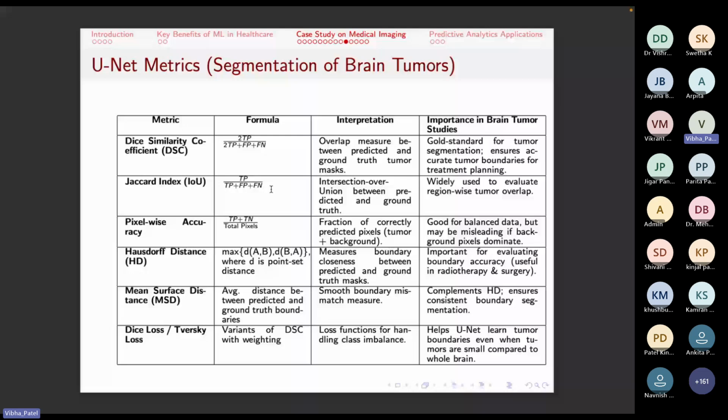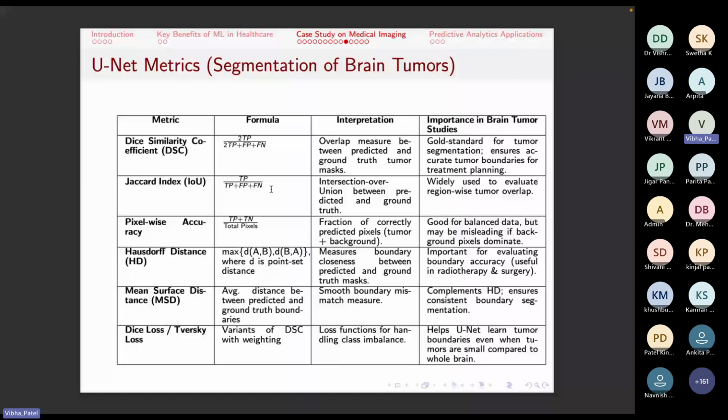These are the preferred metrics for evaluating the performance of the model if they are integrating U-Net within their implementation.